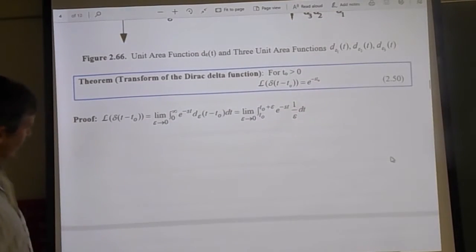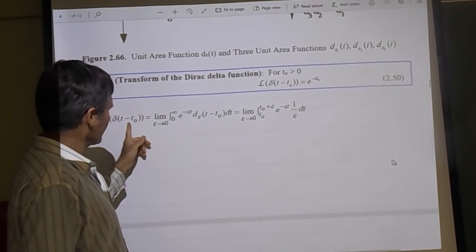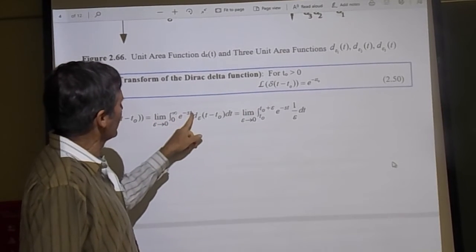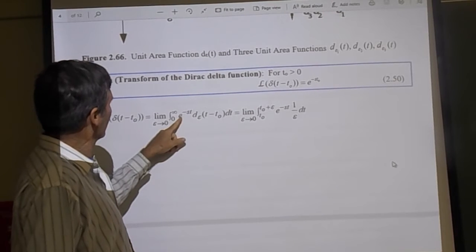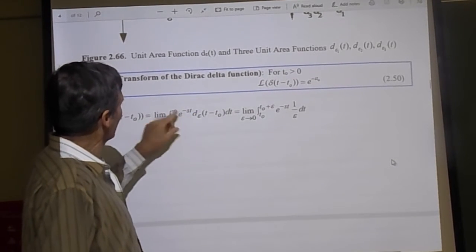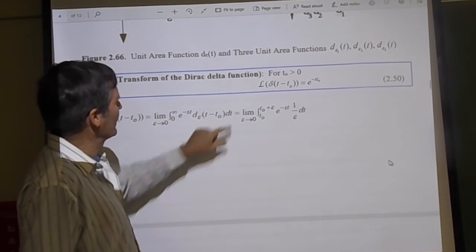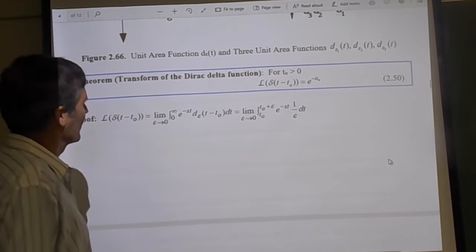Why should that be? Here's the proof. You just take the Laplace transform, which is the limit of the integral of e to the minus st times d epsilon of t minus t0 dt. That'll be the Laplace transform of the Dirac delta function.